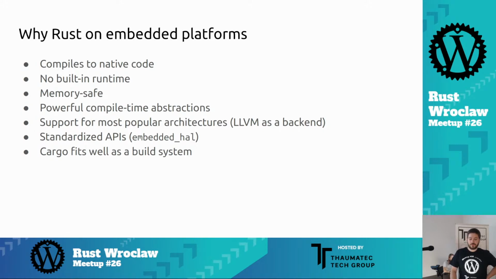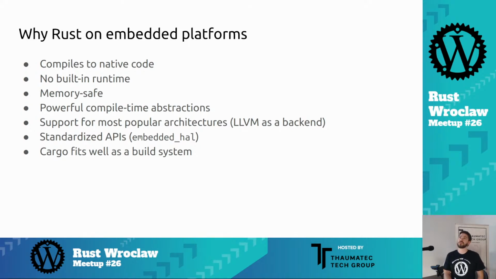It has support for many architectures because LLVM has support for many architectures. There are some works on having GCC as a backend also with Rust. It would be nice because GCC supports even more platforms, but this is not out of the woods yet, I guess. As I said, it has this standardized API, which is embedded HAL.